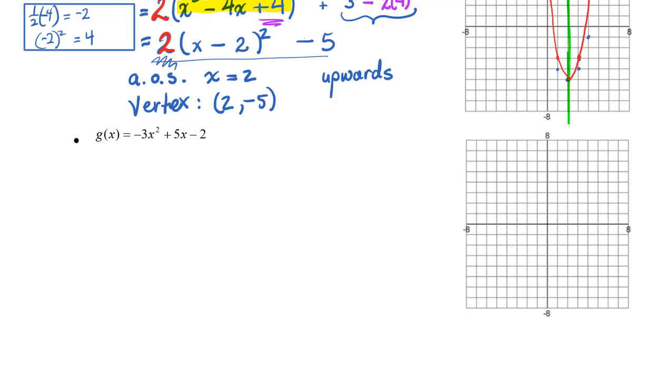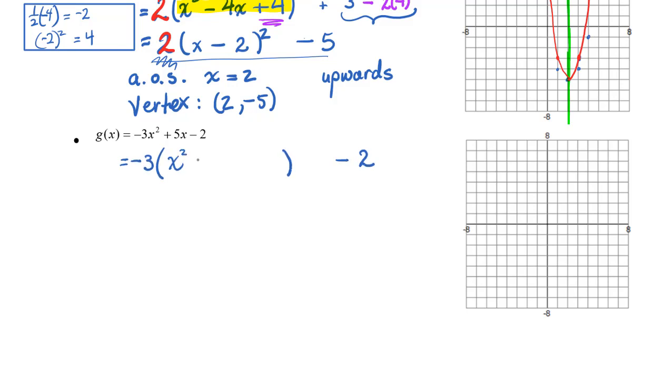Welcome back. We're going to look at negative 3x squared plus 5x minus 2. We need to put it in standard form, so I'm going to factor out a negative 3. I'm also going to group the negative 2 off to the side. When I factor out a negative 3, I have to make up for that by putting a 3 in the denominator in the middle term.